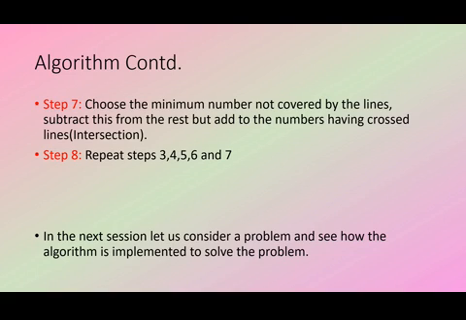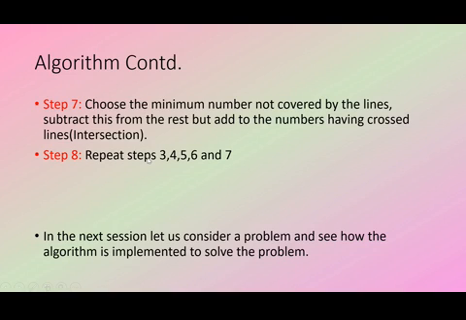When I get a new cost matrix, the same procedure of row reduction, column reduction, allocation, and if the answer is not obtained, then drawing lines, finding the minimum uncovered element, subtracting it from uncovered elements and adding it to the points of intersection. This procedure will repeat.